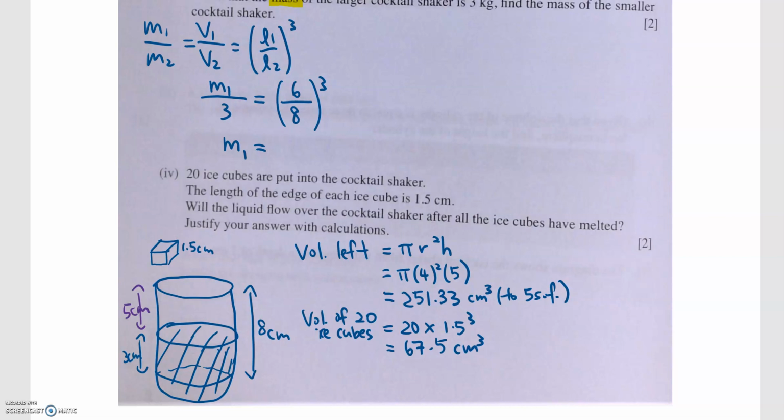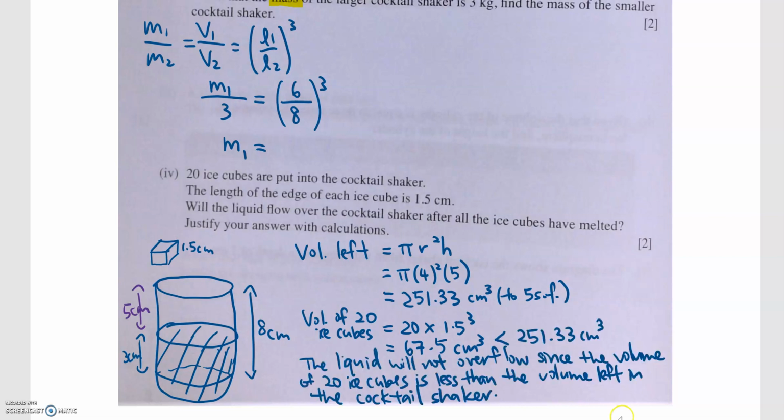But in this case, we don't need to consider that, since the volume of 20 ice cubes is much less than the volume that is left over. So the cocktail shaker can definitely take 20 ice cubes without fear of overflowing. I will do a comparison with the volume, and I will write down my conclusion to answer the question. This will be my answer for this question.